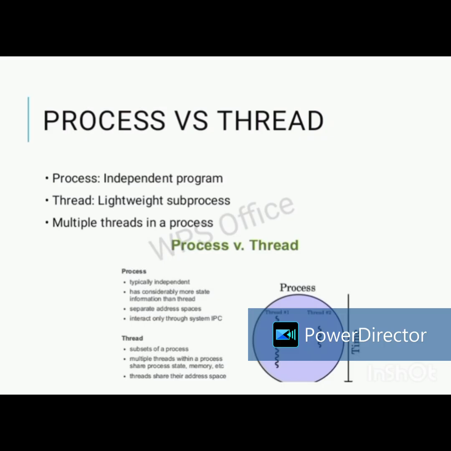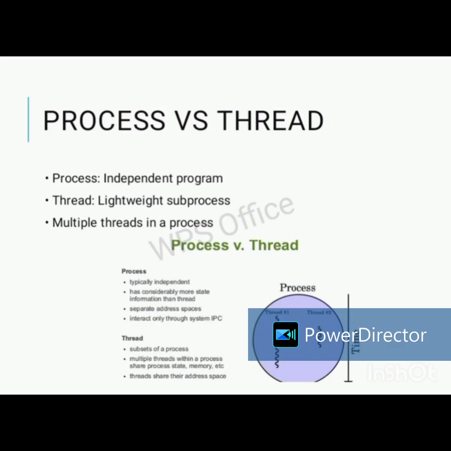If you launch two instances of a word processor, each one is a separate process with its own memory and data. A thread, on the other hand, is a lightweight subprocess. Multiple threads can run inside a single process and share the same memory space.